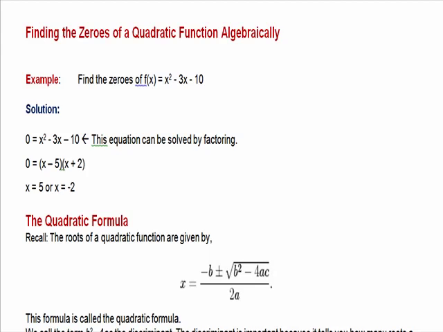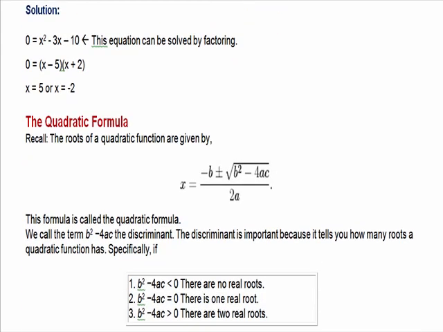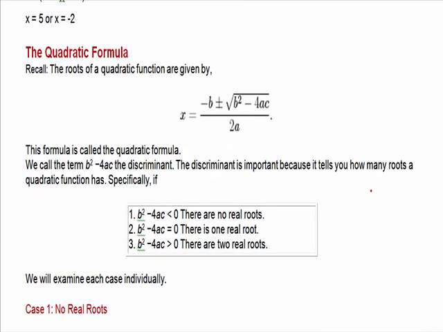Now, of course, we know there are times when we can't solve a quadratic function for 0 by factoring. And hopefully what you remember is in order to do that, you can use the quadratic formula.